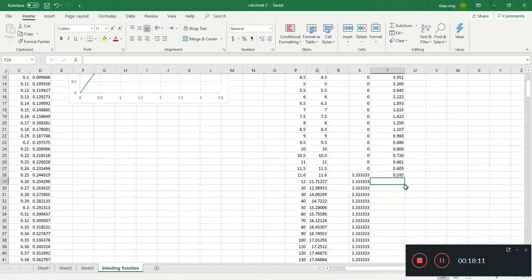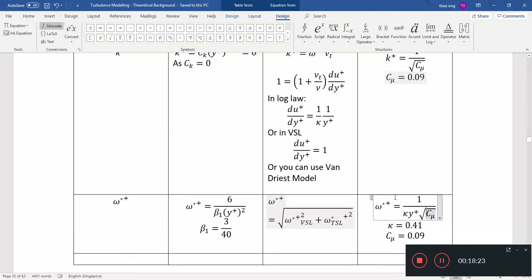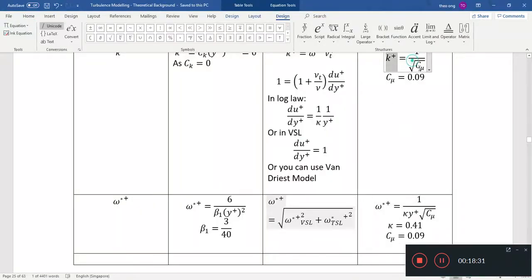Okay, so I'll just delete this off. Then I have the turbulent sublayer as a 1 over y relationship. It just so happens this is k plus times 1 over kappa y, because this is 1 over c mu also.